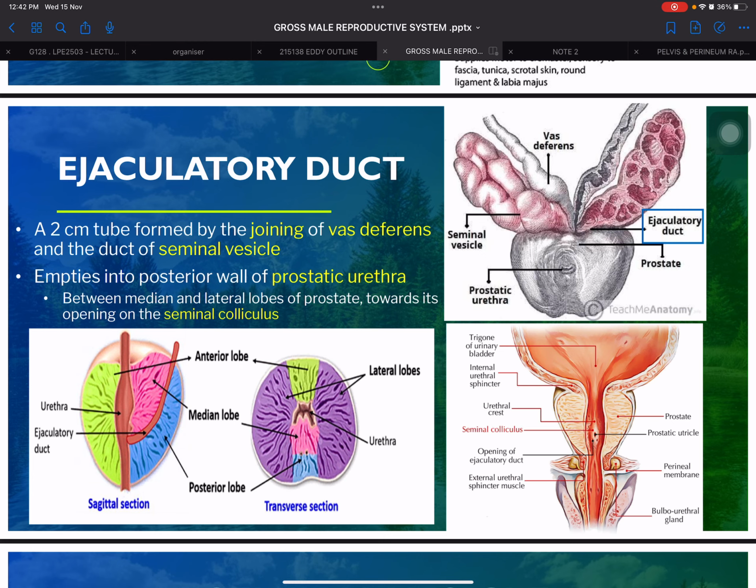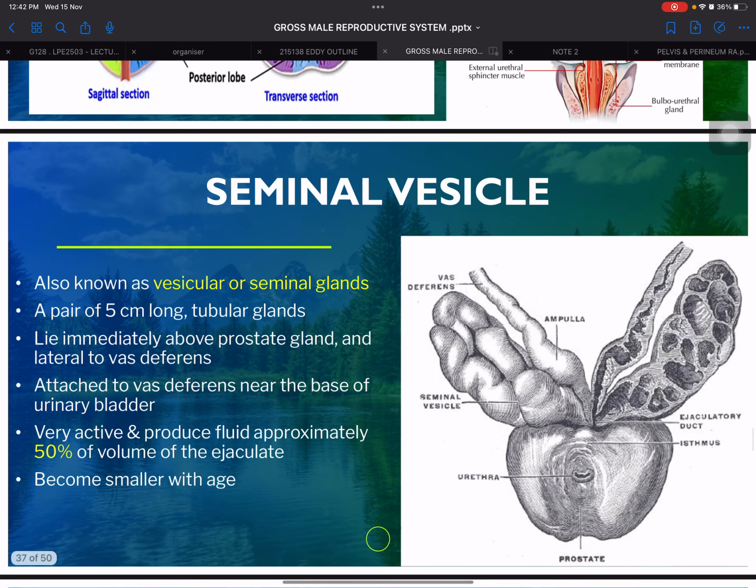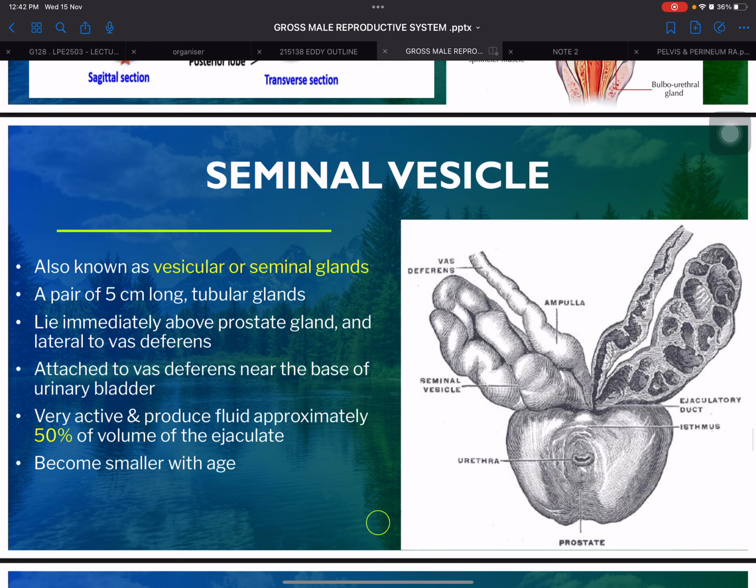Okay, seminal vesicle yang besar ni, nama lain sometimes books call it vesicular glands or seminal glands. A pair of 5 cm long tubular glands lie immediately above the prostate gland and lateral to the vas deferens.